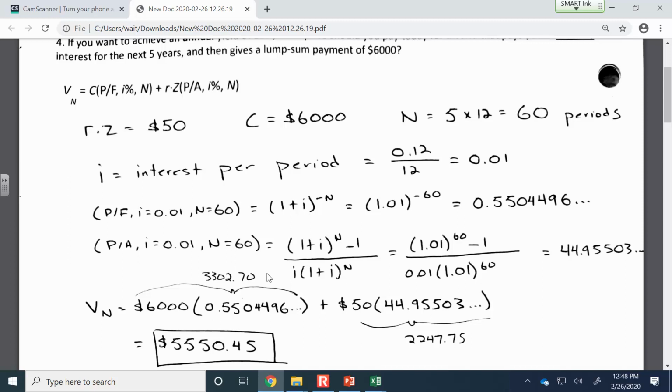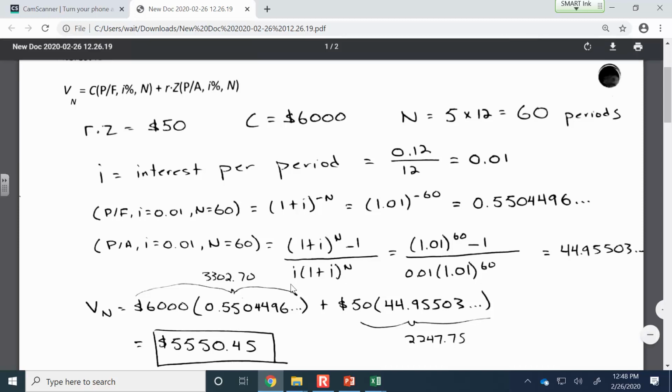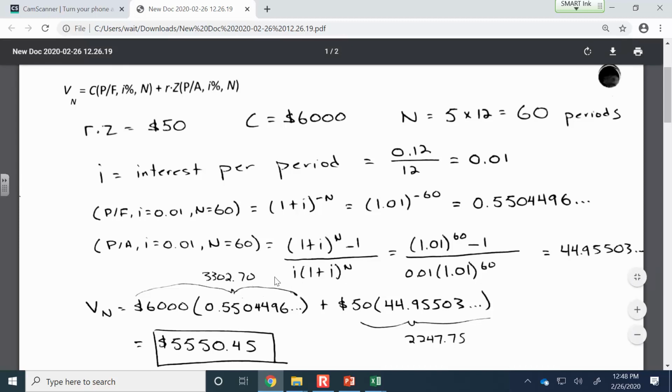And the two pieces of that value are the value of the lump sum and the value of the interest. And you can see here that I've calculated those separately just so I can tell you how much value came from each part. So more of the value is in the lump sum than in the interest payments. But that's how much you should pay in order to get a yield of 12%.